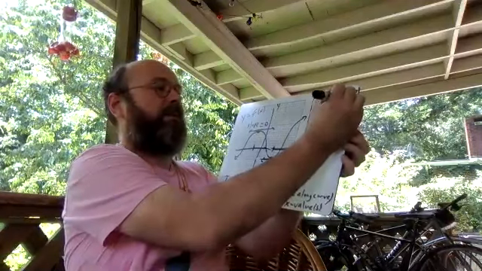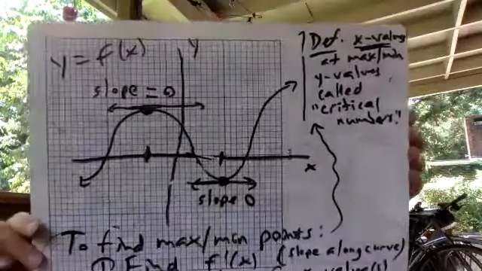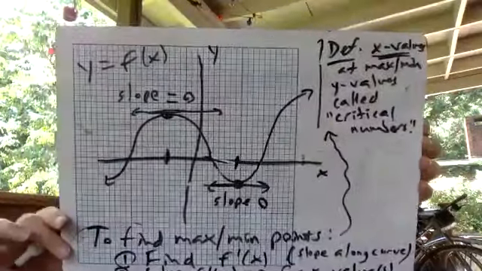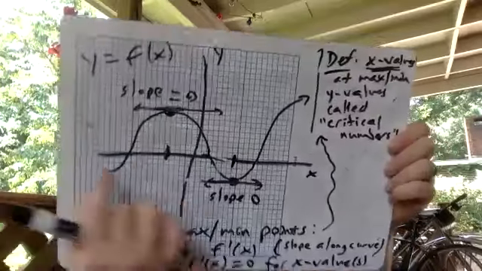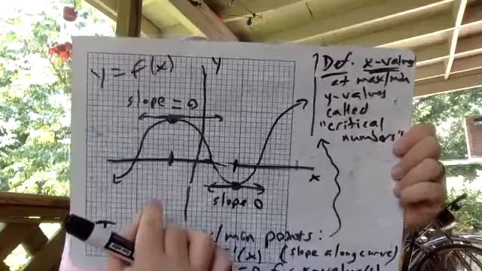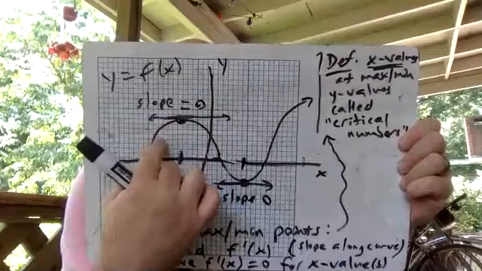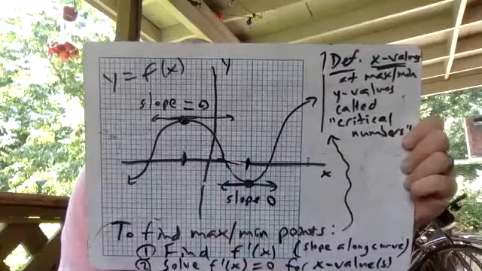Those refer to the x values. These x values have a name. Those x values are called the critical numbers. Those are the numbers that you plug into the equation, y equals f of x, that will give you the critical points. Critical means it can go either way.